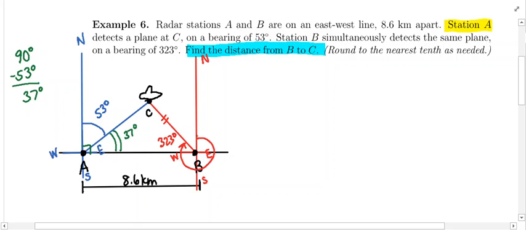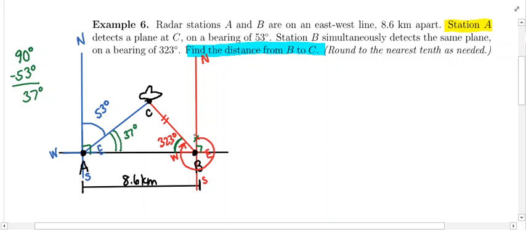Let's do the same thing with the bearing information from station B. We can figure out this angle over here in green. We know one full revolution, if we look at the north, south, west, and east, this is going to be a right angle as well, for the same reasoning that we had a right angle for the directions on station A. And if we go all the way around from this point and circle all the way back, one full revolution is 360 degrees.